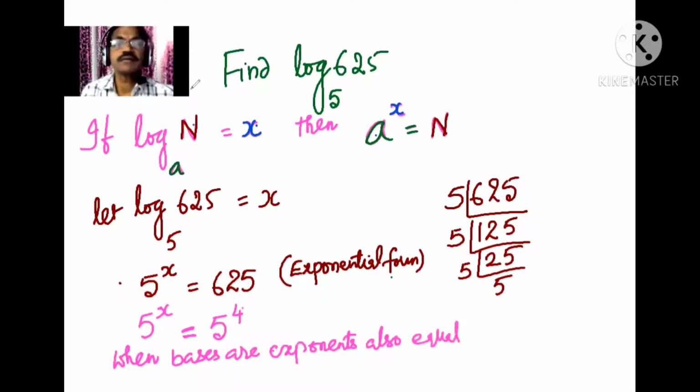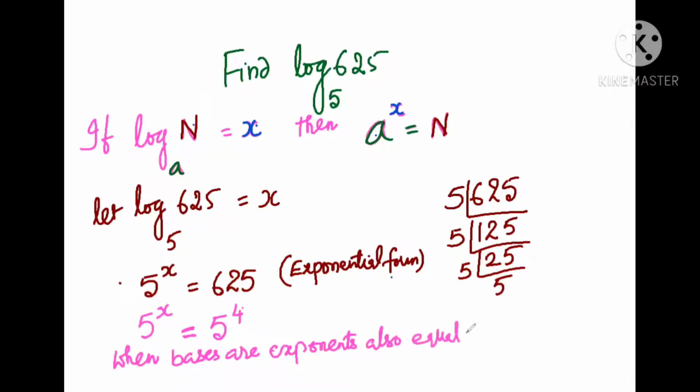Here we can recall a formula: if x to the power of a is equal to x to the power of b, then a is equal to b. Similarly, here x is equal to 4.